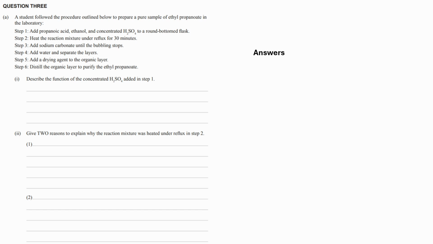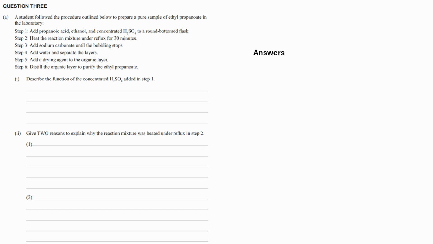Well, the H2SO4 is used to catalyze the reaction, make it happen quicker, but how does it do that? Well, it removes the water from the reaction. Because this is a condensation reaction and we're producing an ester, that reaction is actually at equilibrium.